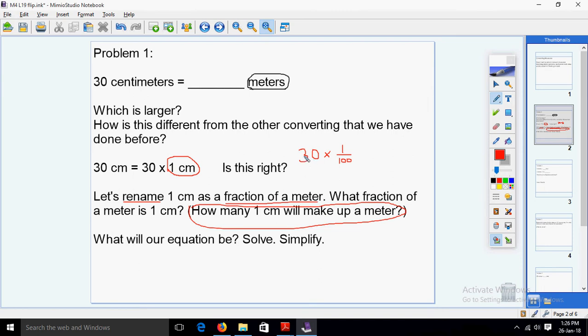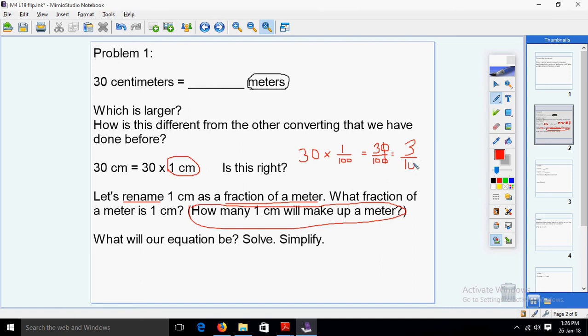So we do 30 times 1, and we get 30 over 100. We can simplify here, right? We could just take off those zeros, and there we have it. 30 centimeters is 3/10 of a meter, and there's your answer.